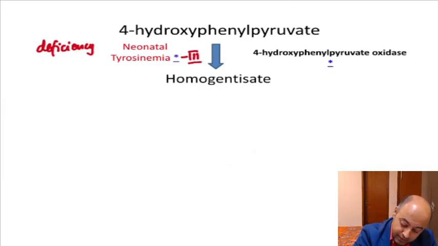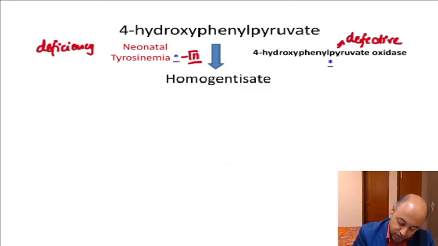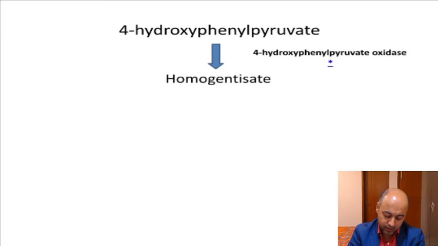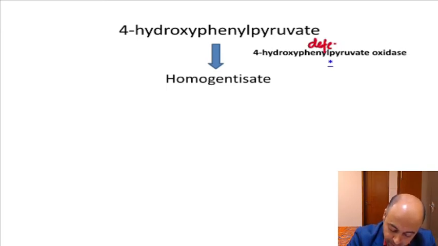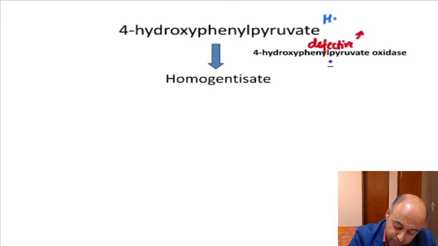On the other hand, in some individuals, the enzyme is there, but it is not working properly. We call it a defective hydroxyphenyl pyruvate oxidase. In this case, when the defective enzyme is there, we get the product called Hawkinsin.